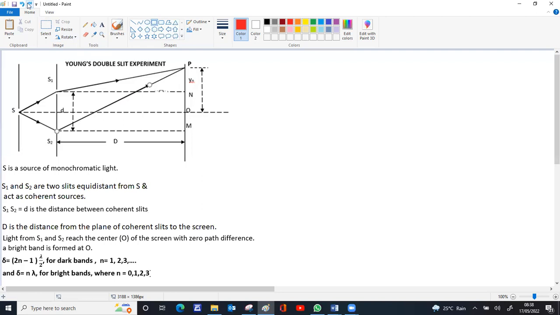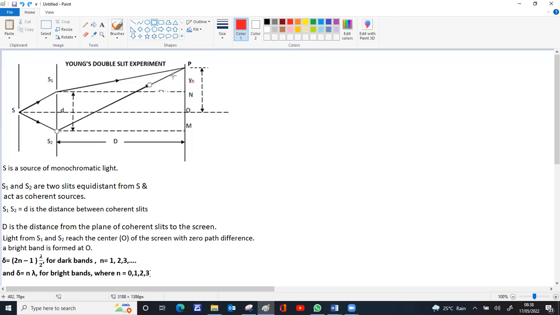Now for the derivation, we need to find the path difference between light from S to P. Since SS1 is equal to SS2 in this case, we need to find only the path difference between S1P and S2P. So we take these two right triangles.